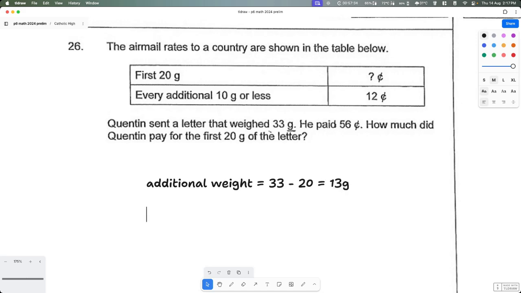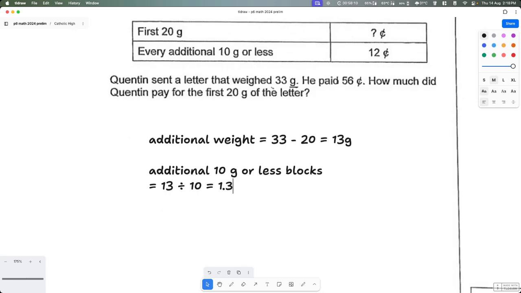Okay, so for every additional 10 grams or less, which is equal to 12 cents, then 13 grams is equal to basically 13 divided by 10, which is equal to 1.3.